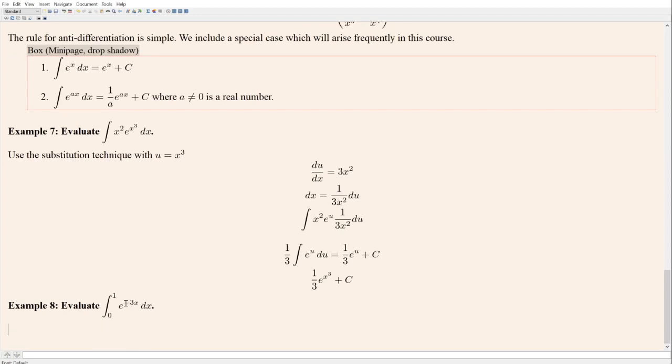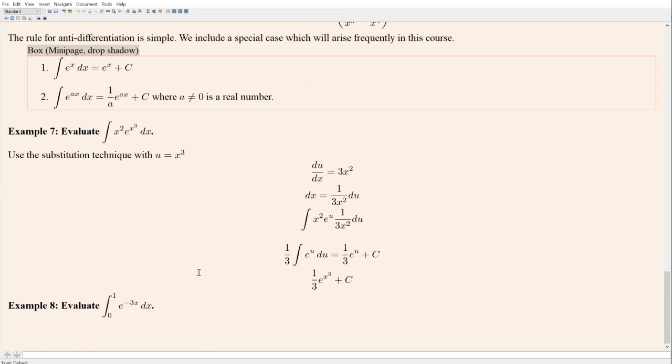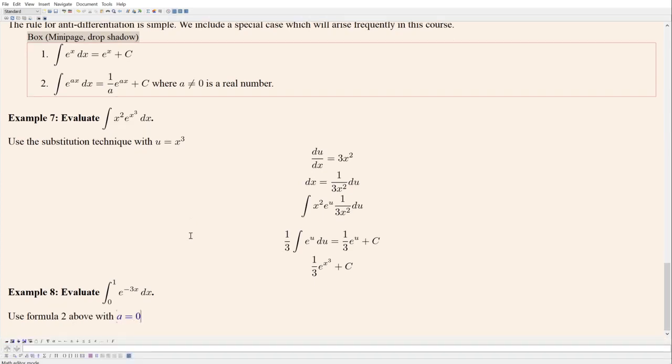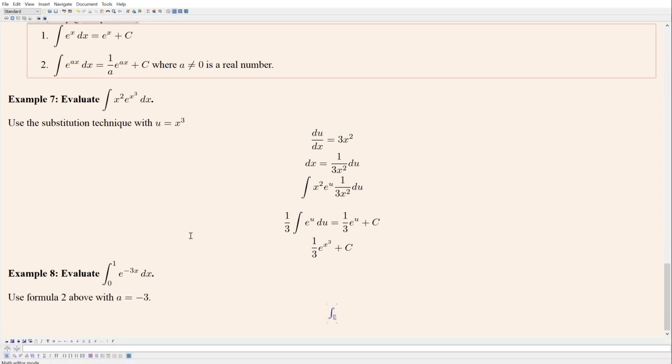All right, so here we have e to the minus 3x. So this is going to be an example of this second formula that I was talking about. In this case, a is equal to negative 3. So all this is, yeah, just a literal application of the formula.